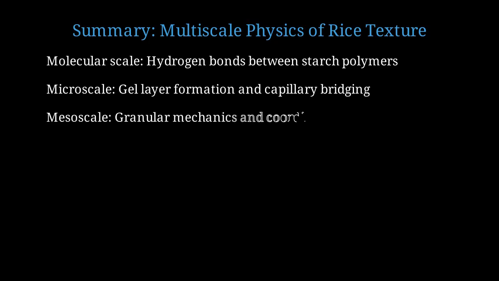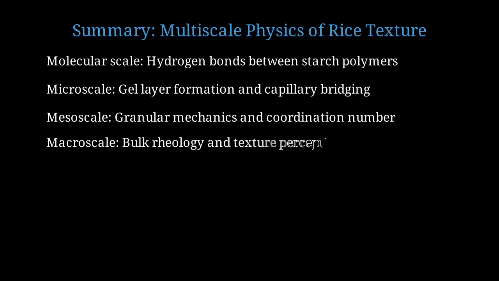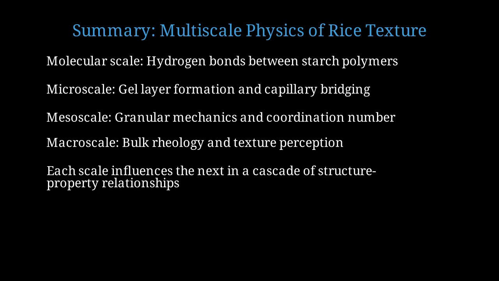At the mesoscale, granular mechanics and coordination number determine how individual grain-grain contacts combine to create bulk mechanical properties. At the macroscale, bulk rheological properties like hardness, adhesiveness, and cohesiveness determine texture as perceived by the consumer. Each scale influences the next in a cascade of structure-property relationships.